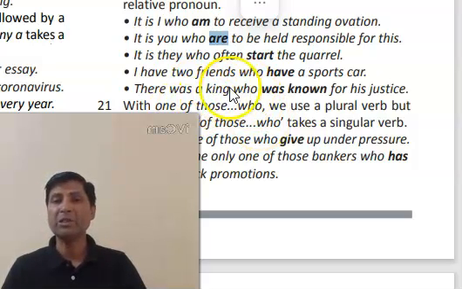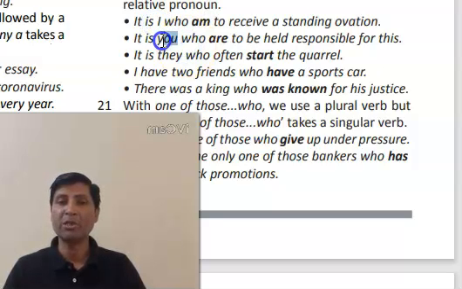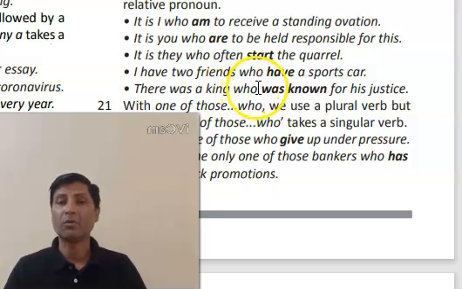Now, the word antecedent. Here you see, I is coming. This pronoun, you, is coming before who. And here, they is coming before who. And here, two friends is coming before who. And in the next example, a king is coming before who.